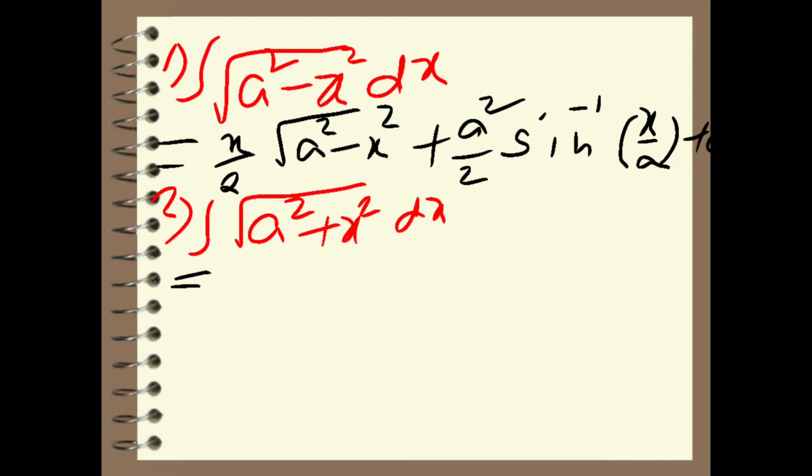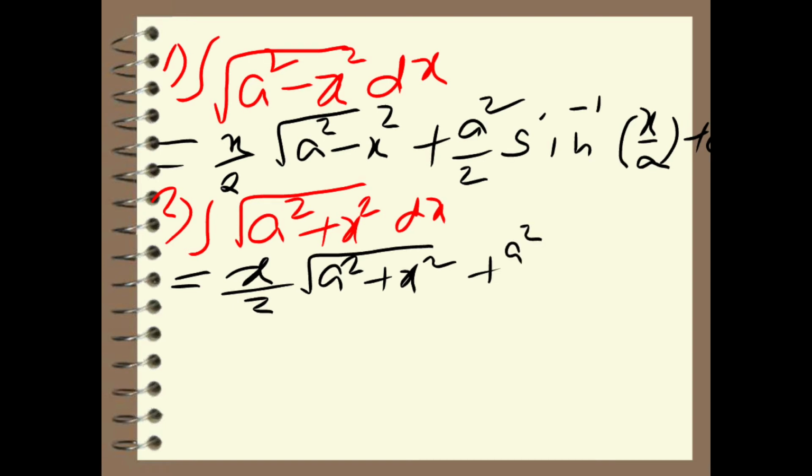This is equal to, this is also of two parts, x by 2 into root a square plus x square, plus a square by 2 sinh inverse x by a plus c.